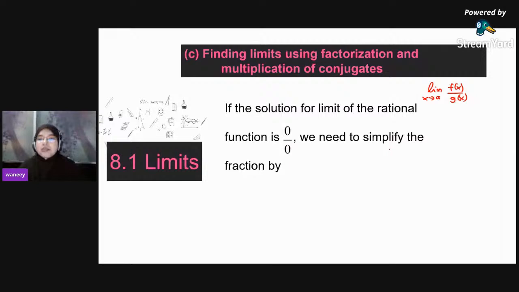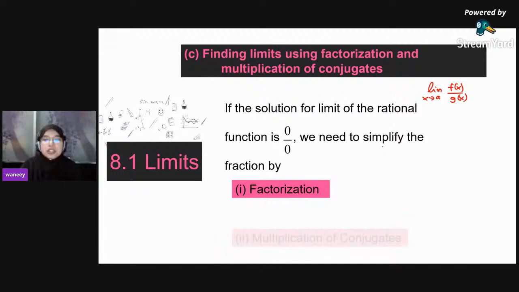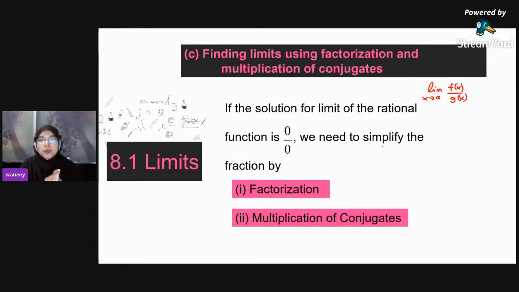When you get 0 over 0, we cannot simply say it is equal to 0, because 0 over 0 is not 0. Therefore, we need to simplify the fraction by either using factorization, or we can multiply with a conjugate. Multiplication with a conjugate normally belongs to a surd. If you get 0 over 0 and you do have something with a surd, then you might want to multiply with the conjugate. Otherwise, you might want to factorize them. The main reason why we are doing factorization or multiplication of conjugate is that we want to get rid of the term that will give us 0 over 0.